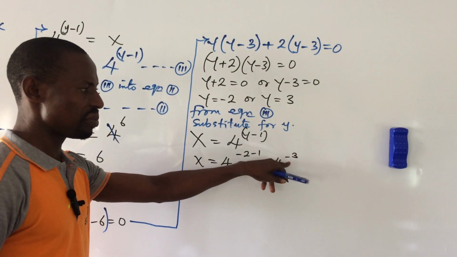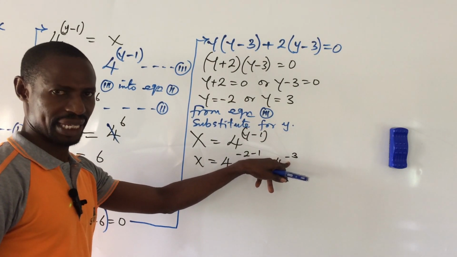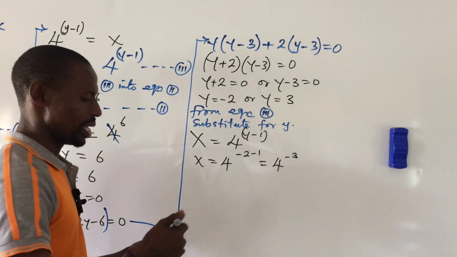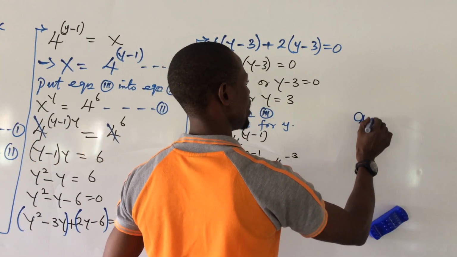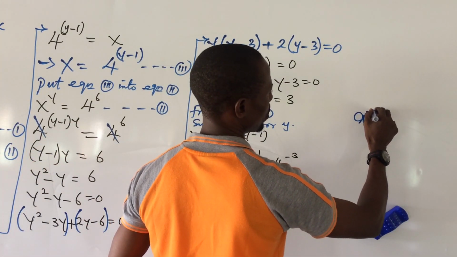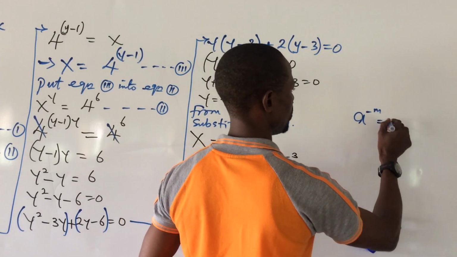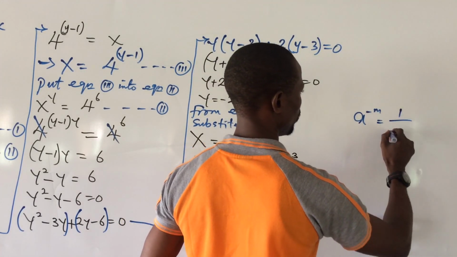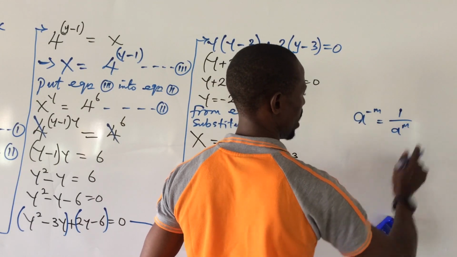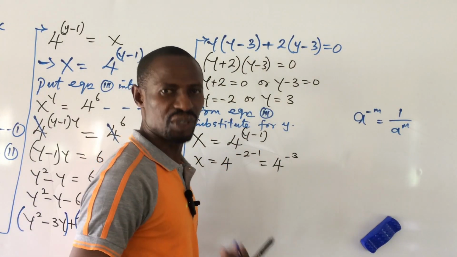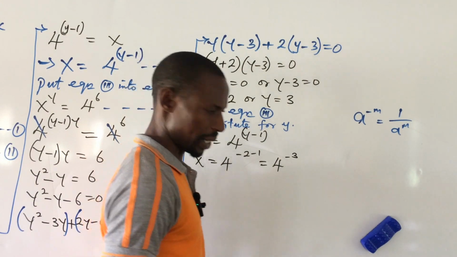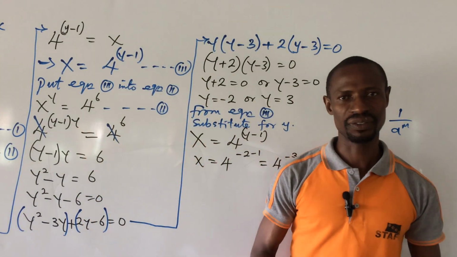This expression, we can remove the minus sign according to the law of indices, which says that if you have a to the power of minus m, this is the same thing as 1 all over a to the power of m. So the 1 on the division sign has taken care of the negative power. It's among the laws of indices.